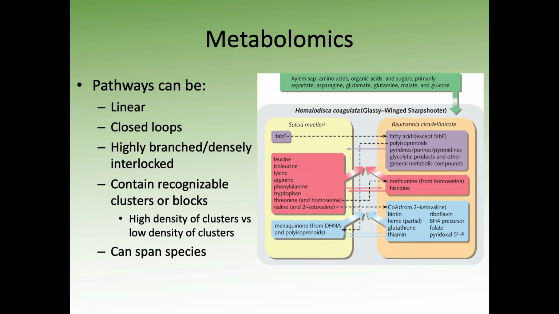And what we see is that we've got Sulcia muelleri and Baumannia cicadellinicola. If we look at, say, the amino acids that are synthesized by these various co-parasites, we can see that the complete set of amino acids is not created by either one of these species. So in order to get their full complement of the things that they need, they need each other. They need to be able to create things and exchange these things.